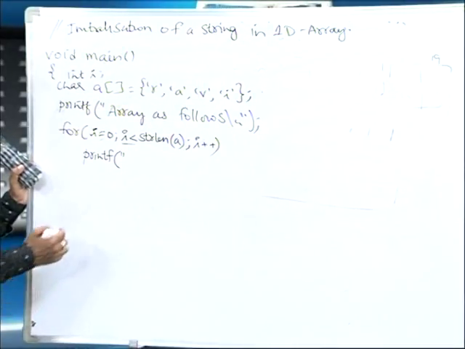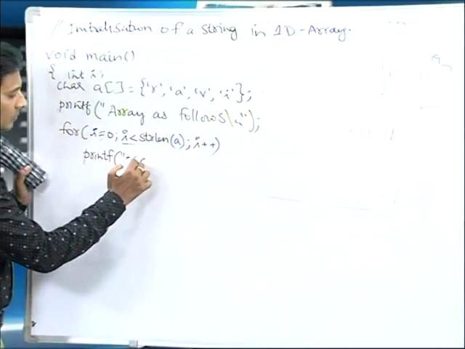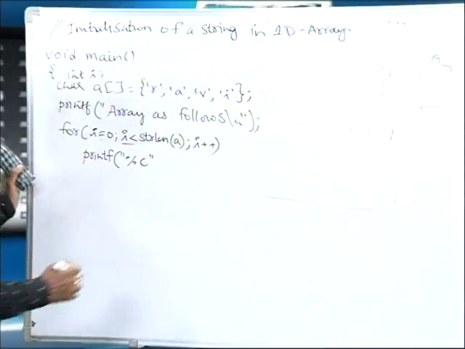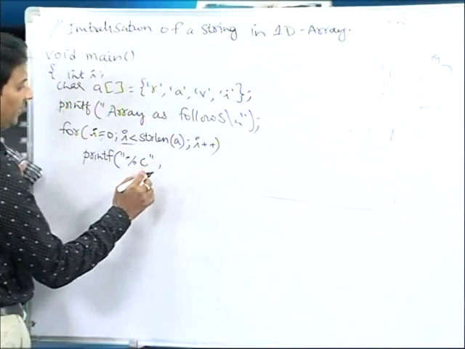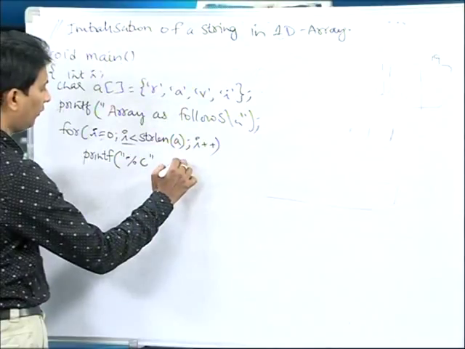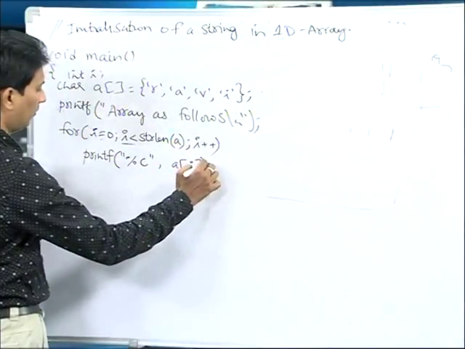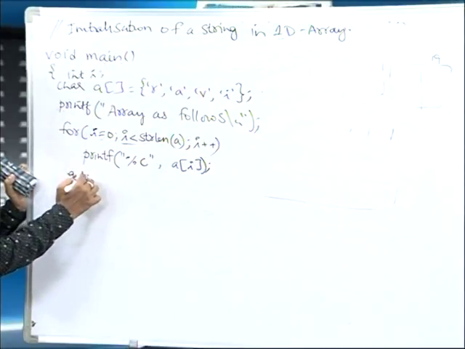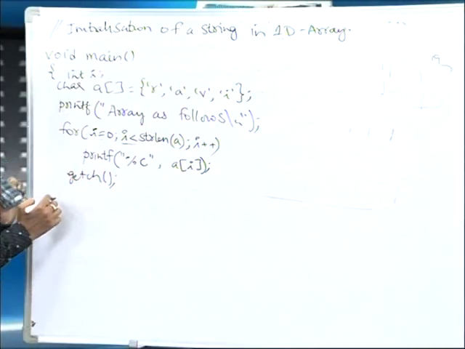That is %c. %c and a of I, that is a of I. Next, getch, end of the main method.